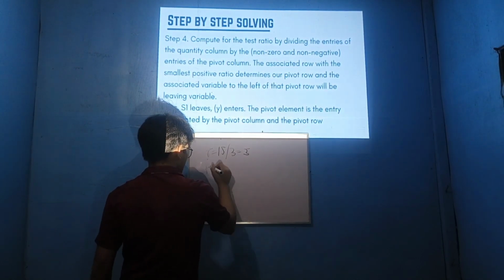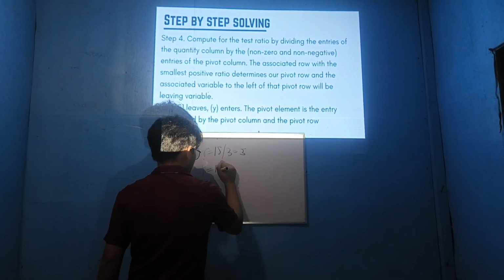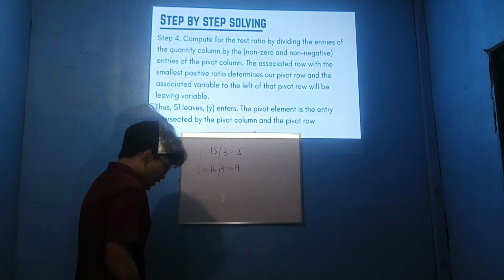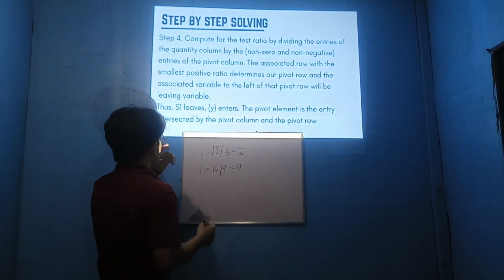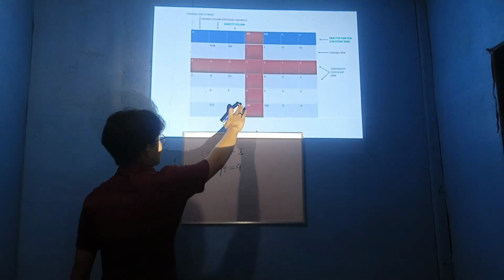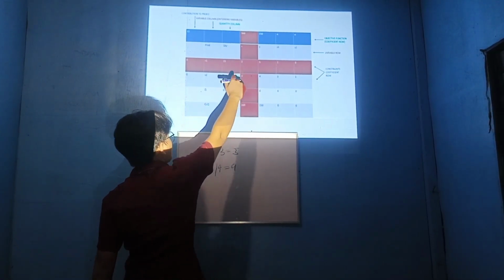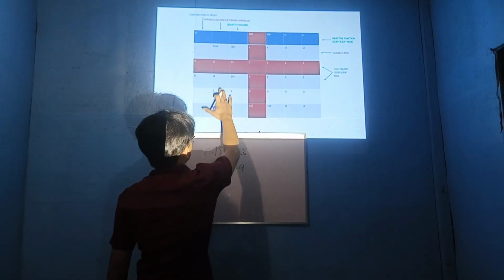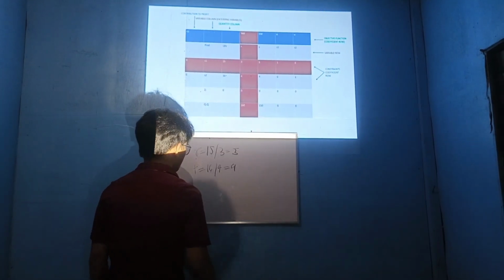And our R is equals to 16 divided by 4 is equals to 4. And let's go back. Here we have our smallest positive value, and we need to divide it to the constraint coefficient row.